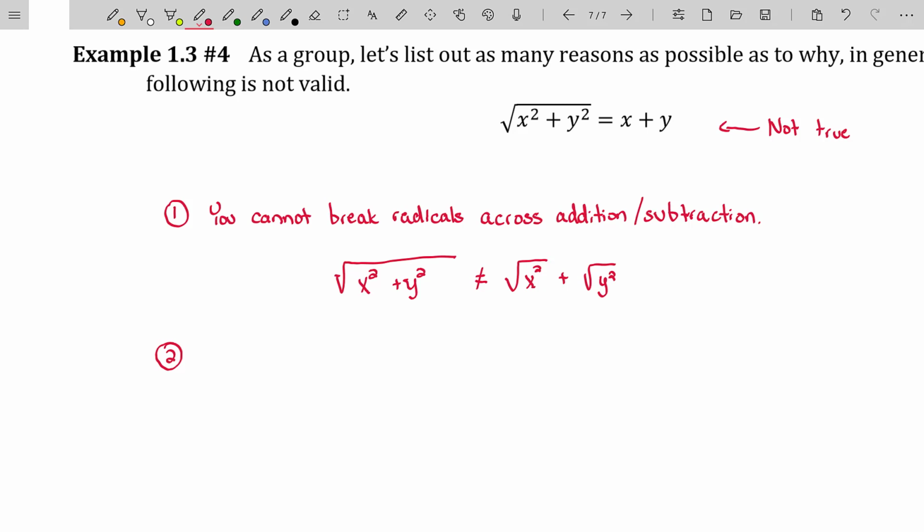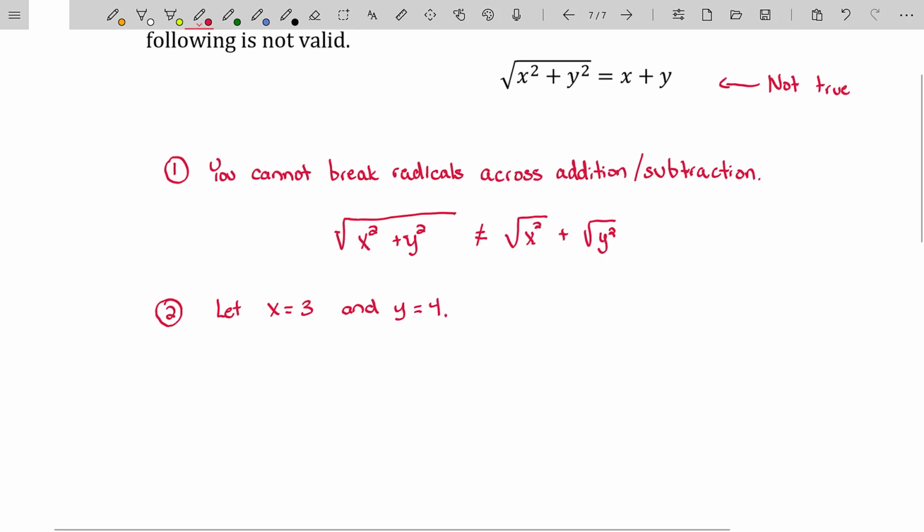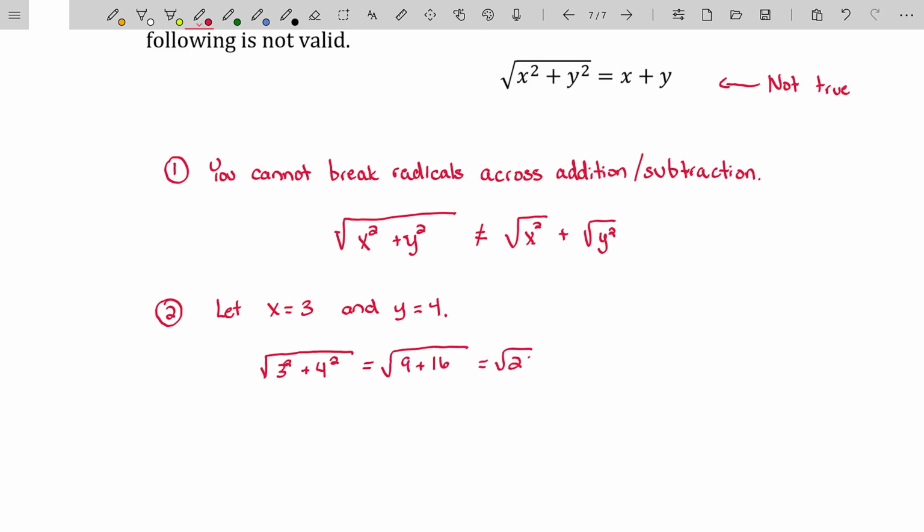We're going to let x equal 3 and y equal 4. If you let x equal 3 and y equal 4, you'll get the square root of 3 squared plus 4 squared, which is the square root of 9 plus 16, which is the square root of 25, which is beautiful 5.